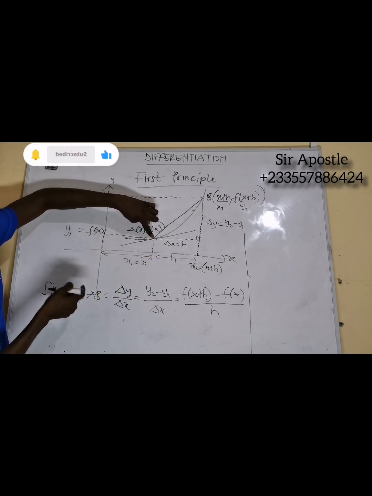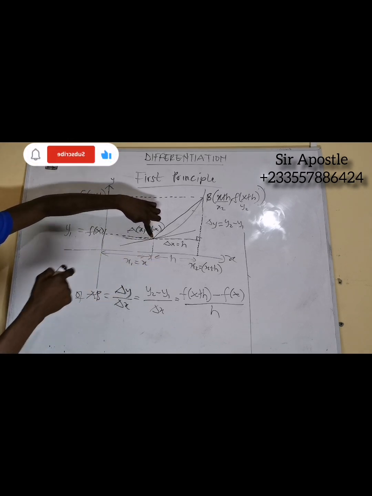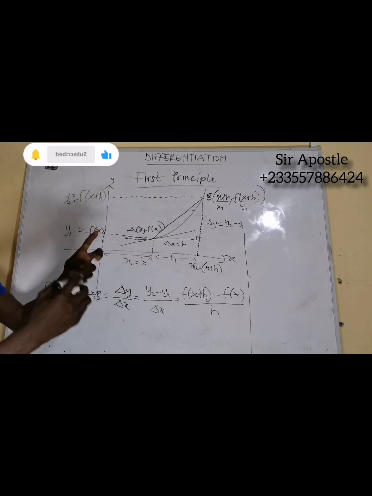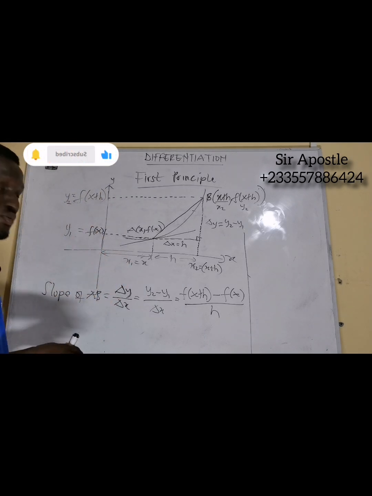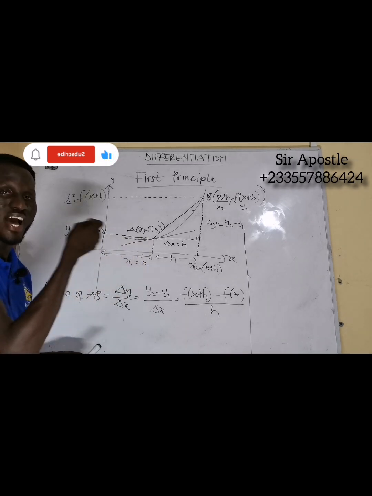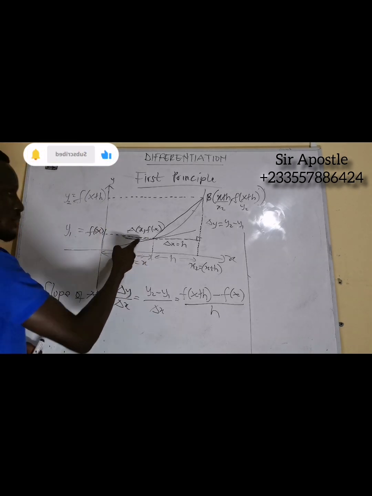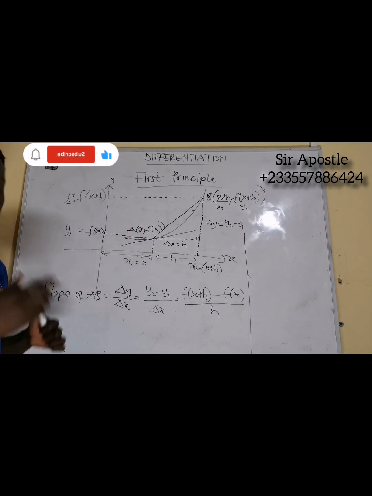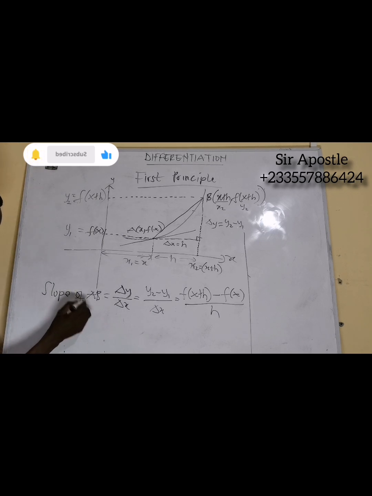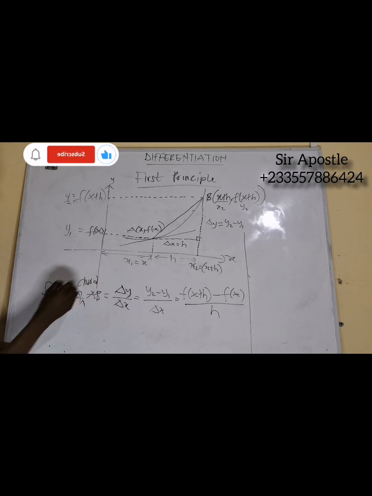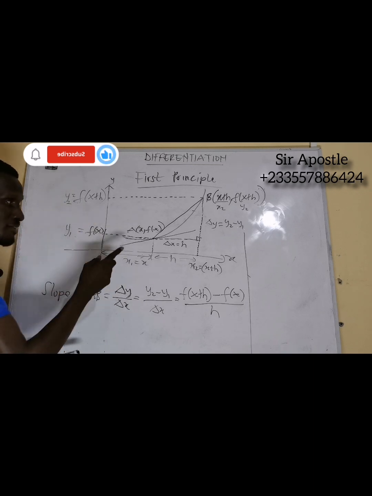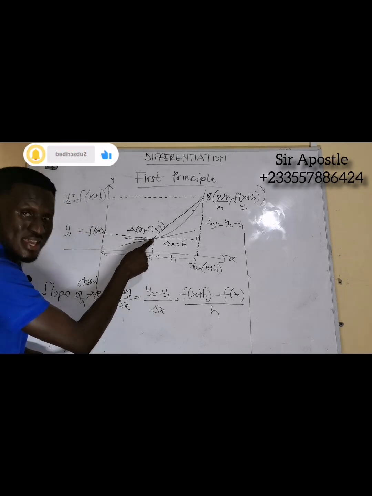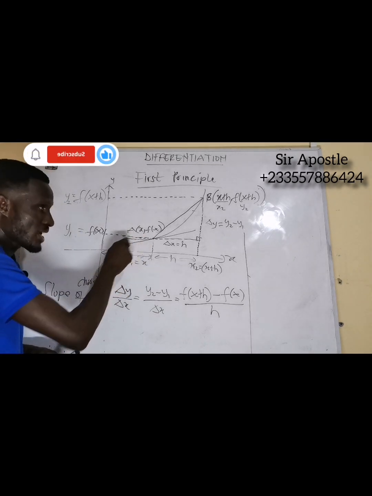Now this straight line is touching A. And what is A? This becomes the point of tangent, or the point of tangency, or the point of contact. So I'm coming to look for the gradient of the tangent. This one is the gradient of the line AB, or the chord AB. I'm coming to look for the gradient of the curve at the point A, because A is exactly on the curve.